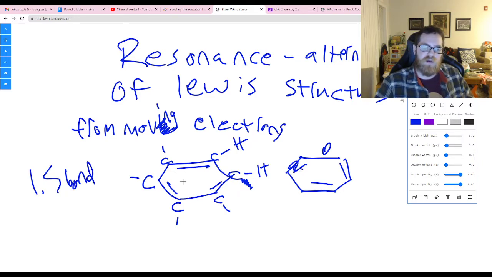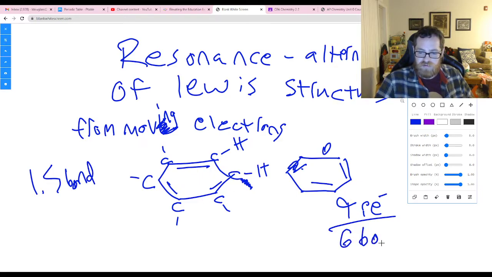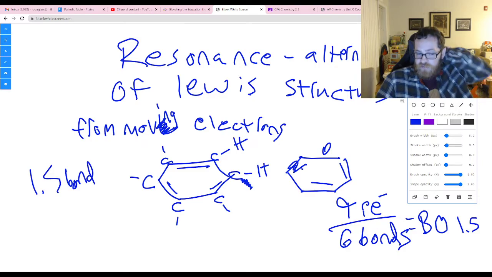So if we look up and we say, okay, well this is 1, 2, 3, 4, 5, 6, 7, 8, 9 pairs of electrons over, counting a double bond as just one bond, 1, 2, 3, 4, 5, 6 bonds, it has a bond order of 1.5.